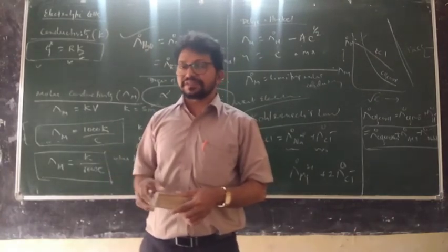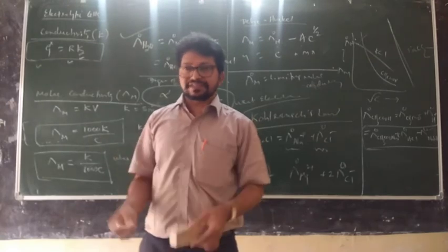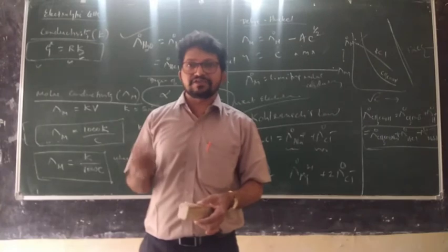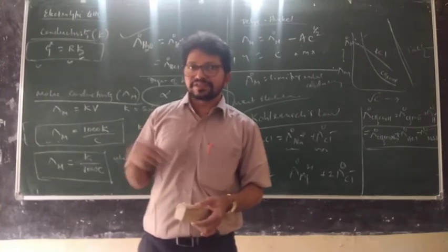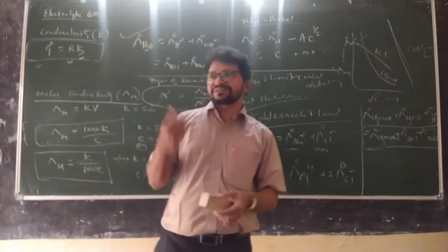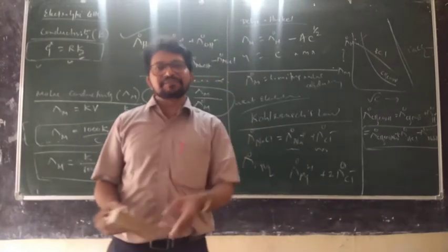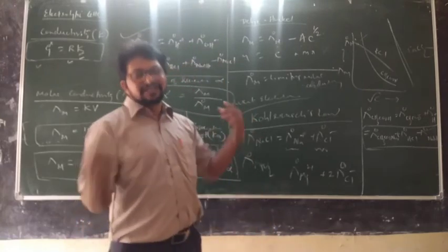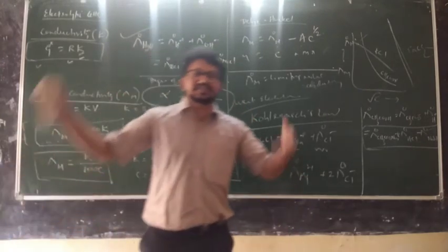During charging what will happen? Whatever reaction is there, it has to be reversed now. For example, earlier the anode was undergoing oxidation. During charging it should undergo reduction. If it undergoes reduction, what should it be? It should be cathode. So once again I repeat, anode always undergoes oxidation. Cathode always undergoes reduction, whether it is charging or discharging.